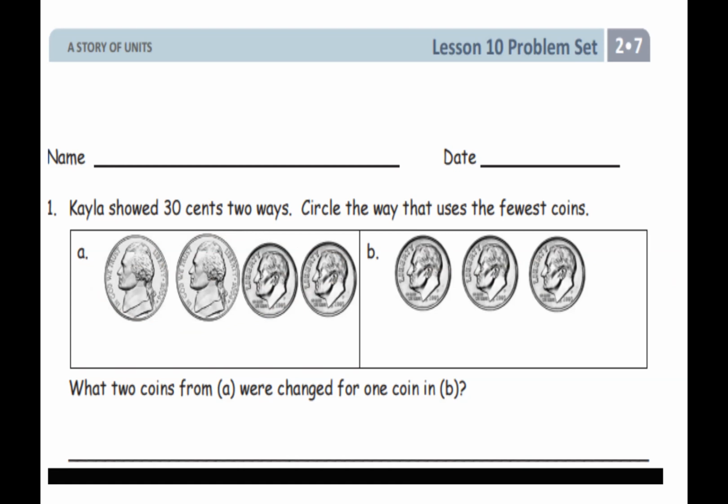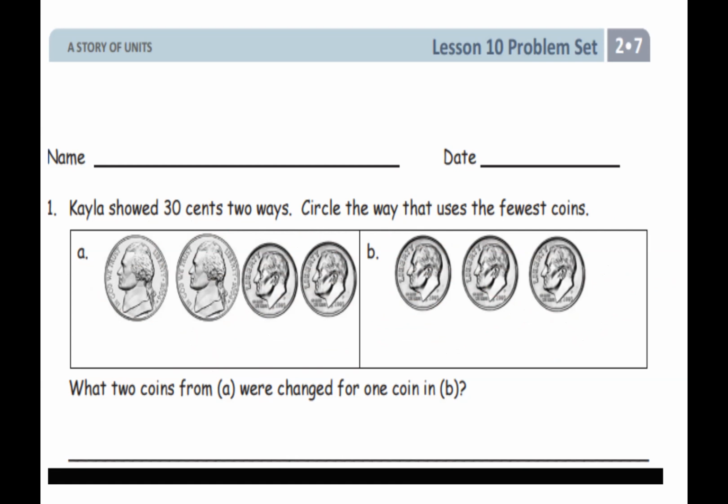All right, it's group B, right? Group B uses 3 dimes to show 30 cents. So Kayla showed the fewest coins in group B because she only has how many coins? 3. And here she used how many? 4. So 3 is fewer than 4. It's a smaller number than 4. We know that B uses the fewest coins of groups A and B.